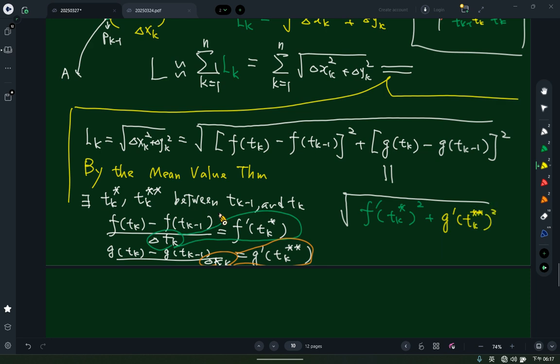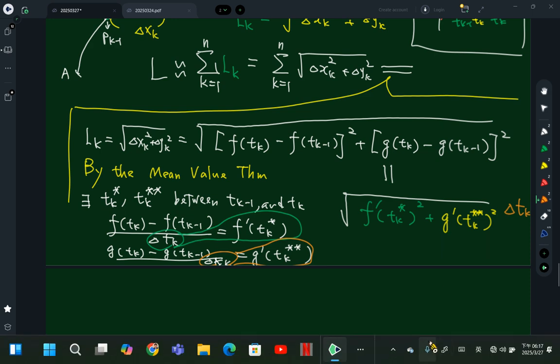Then outside the square root, we still have delta t_k. Because we have delta t_k here, we also have delta t_k here, so we have a common term delta t_k. After taking the square root, we can move delta t_k out of the square root.